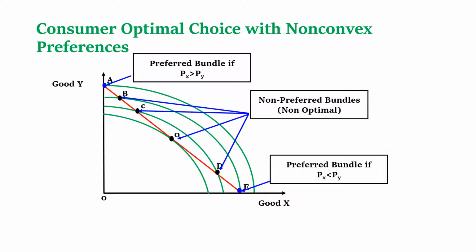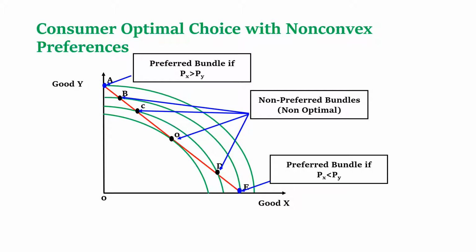The red line is the budget constraint of the consumer. We notice that at different points on the budget line, we have a point where the budget line crosses the indifference curve. And there is one point where the budget line is tangential to the indifference curve.